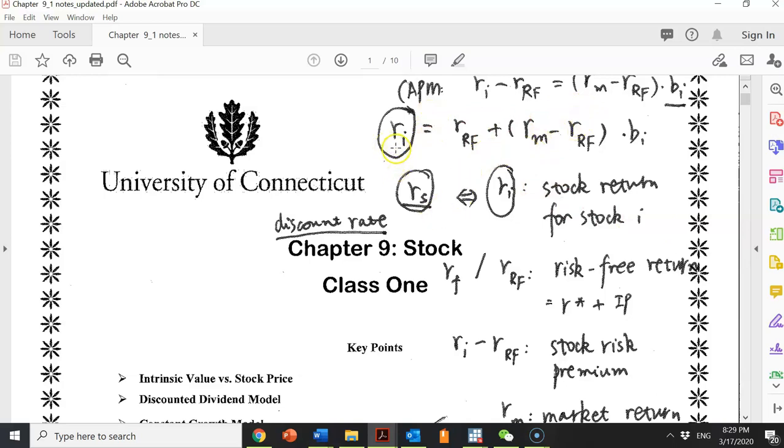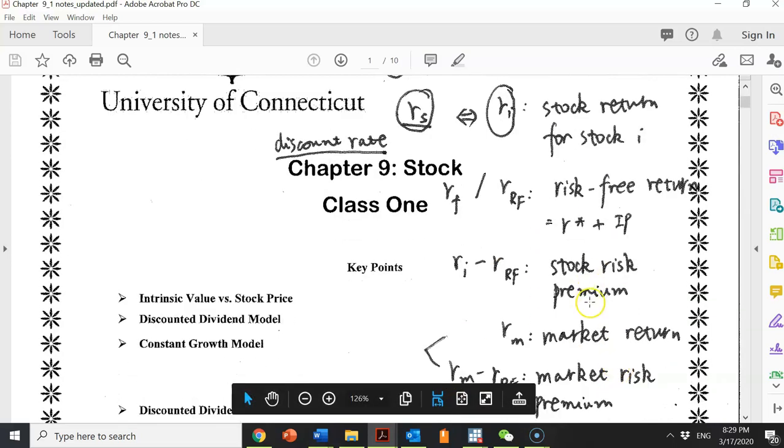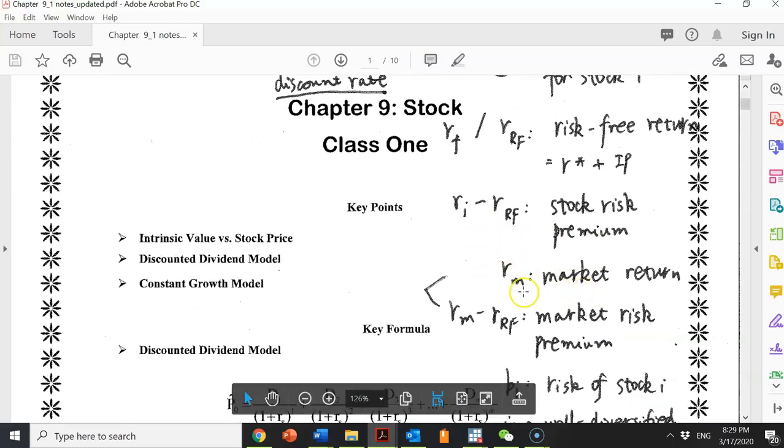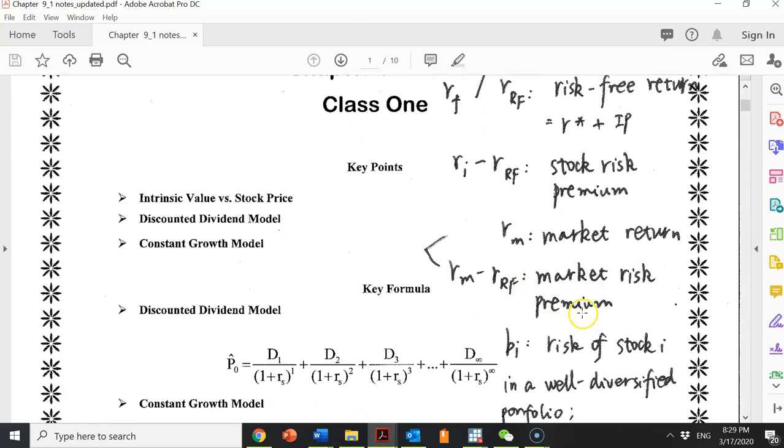For getting this RI, we need to know risk-free rate, RRF, or we can use RF to denote this measure, and it equals R star, the real risk-free rate, plus IP, inflation premium. We also know that stock risk premium equals RI minus RRF. Market return is RM. Market risk premium is RM minus RRF.